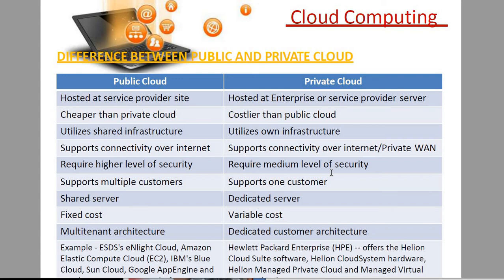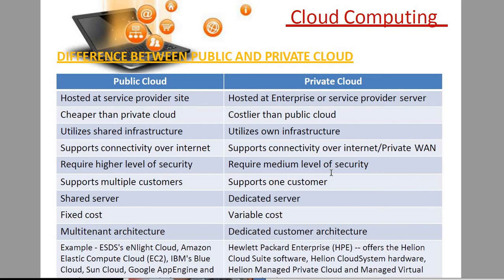Public clouds utilize shared infrastructure, you can share, but in the case of private, you utilize your own infrastructure. Public cloud supports connectivity over the internet, and private cloud supports connectivity over the internet as well as private WAN. Public clouds require a higher level of security, private cloud requires a medium level of security.